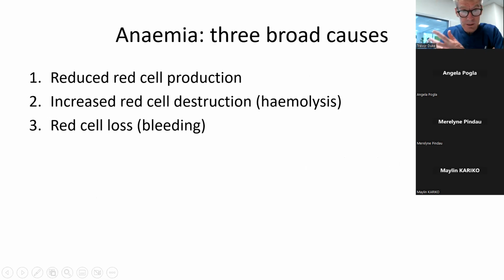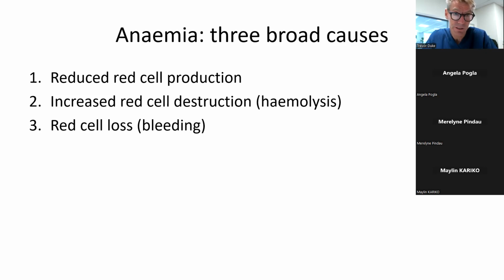When you think about anemia per se, there are broadly 3 causes, and you can think of anemia in this way: that there's reduced red cell production, that is, the bone marrow is not making enough, or there's increased red cell destruction, that is, the bone marrow is making enough red cells, but the red cells don't have the normal duration of life that normal red cells do, because they're being hemolyzed or being destroyed somewhere in the bloodstream or by the spleen early.